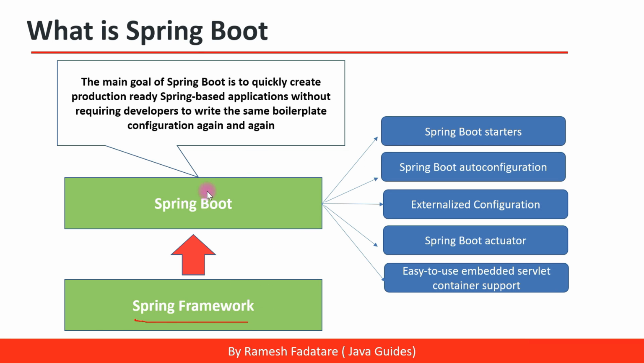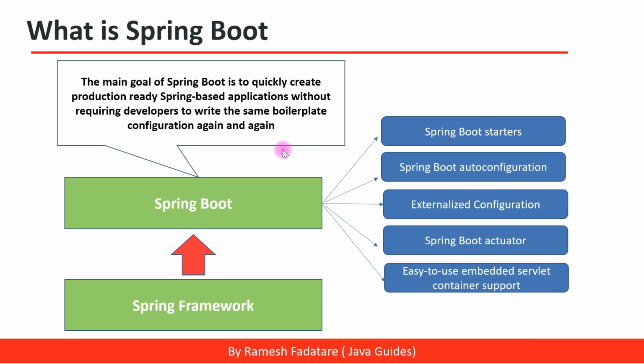Spring Boot made it much easier to deploy our application in an embedded servlet container. Spring Boot by default provides Tomcat as the default embedded servlet container. Whenever we use the Spring Boot starter web dependency, it will automatically include Tomcat as an embedded servlet container.